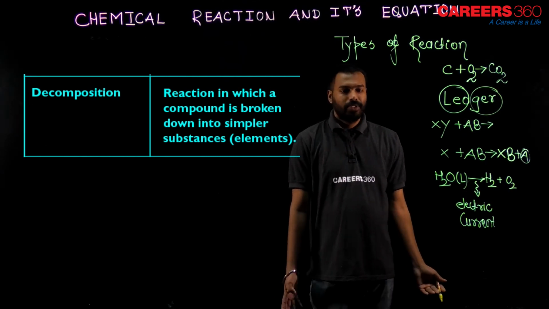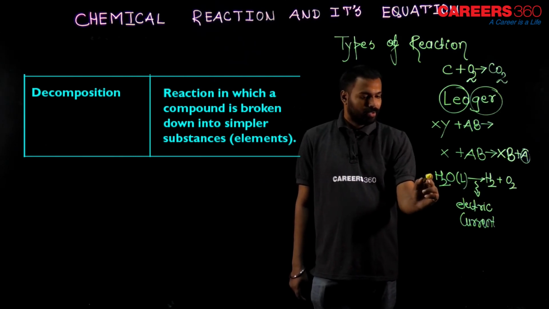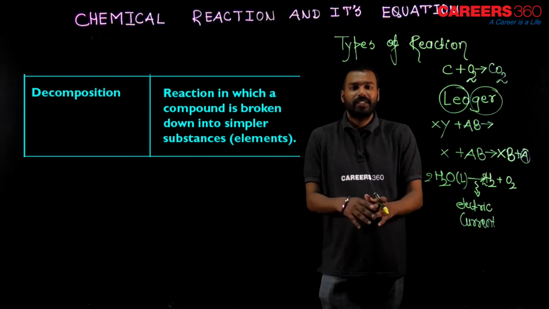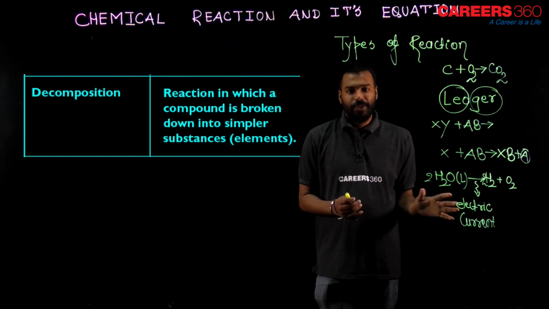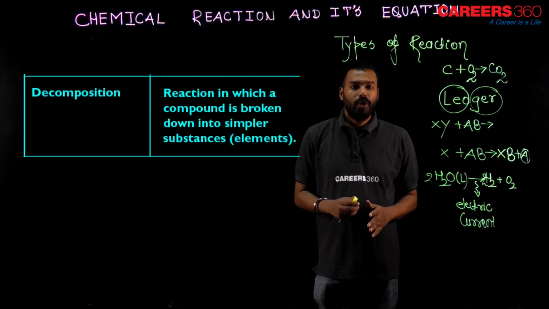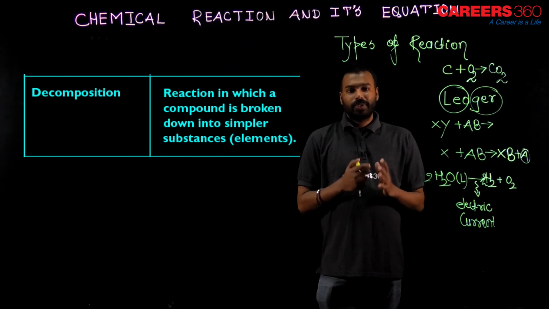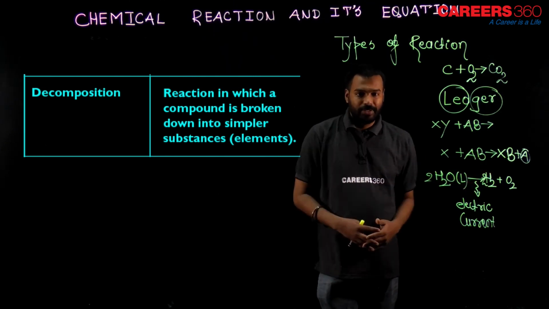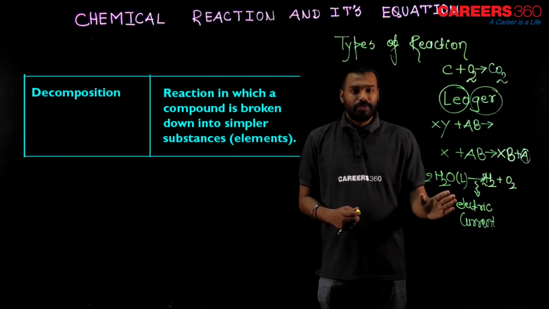You can balance the equation: 2 hydrogen here, 2 oxygen, so write 2 here and 4 hydrogen. Balancing is a different thing, I will explain balancing of chemical equations in a separate video. What you try to understand here is H2O decomposing into H2 and O2. Such a reaction in which the compound decomposes into its constituent elements is known as decomposition reaction. Example is electrolysis of water.